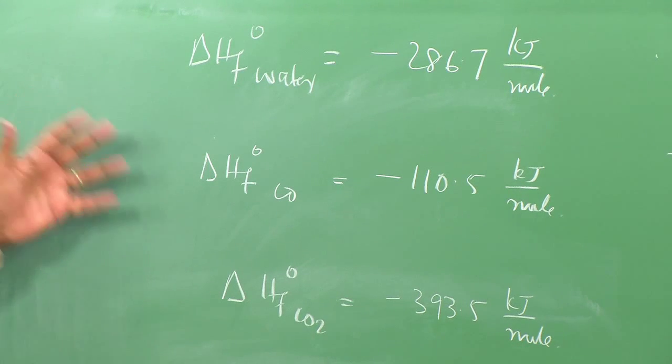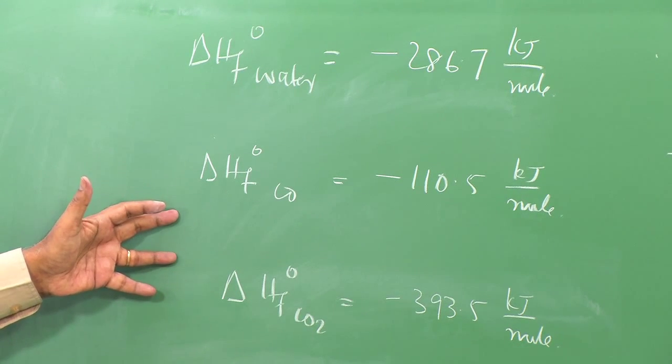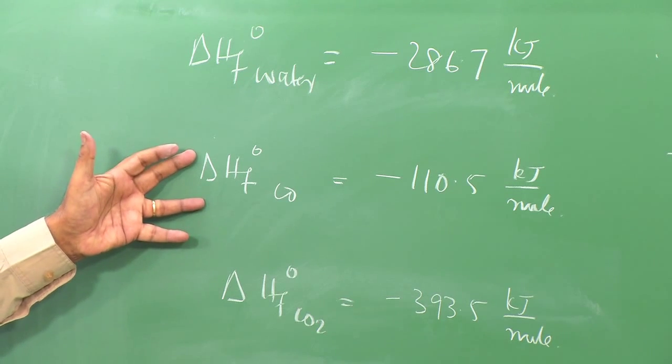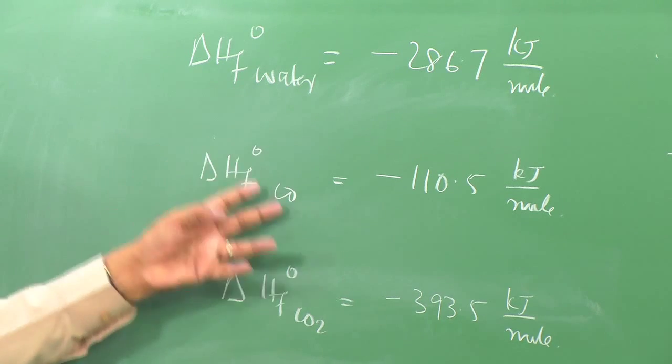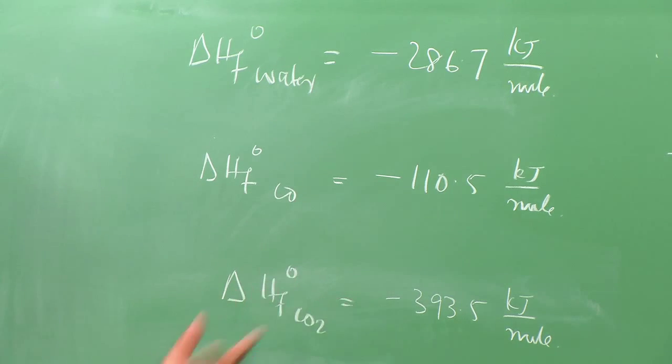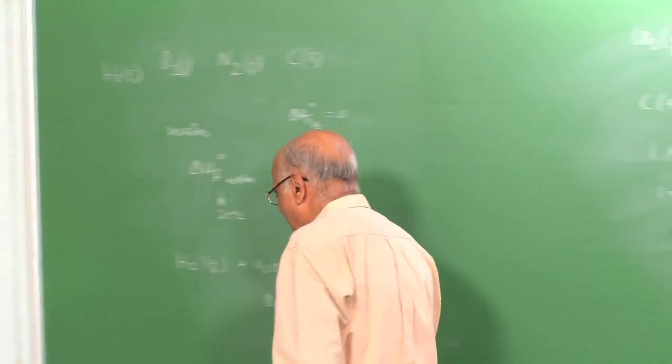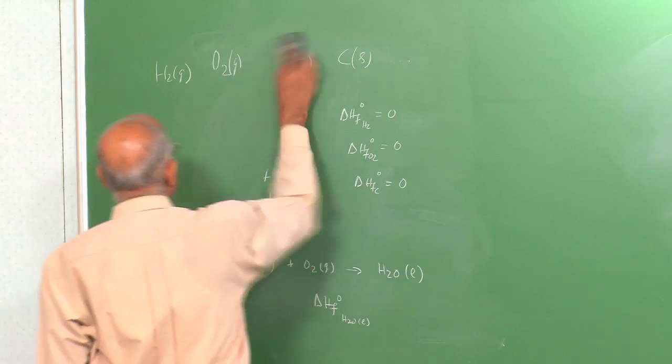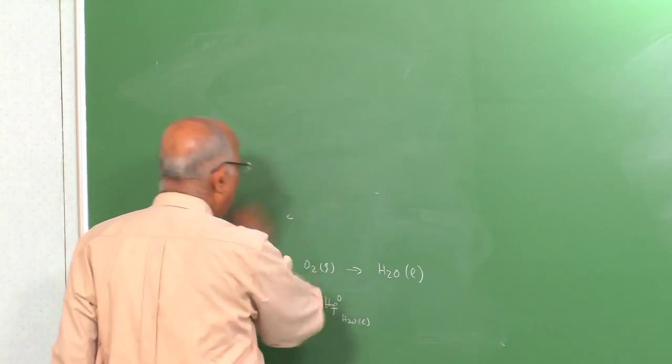Therefore, these are the things which are available in literature, and how do we do it? We do experiments in which we find whether heat is generated while forming these substances from the naturally occurring elements, and then we put these values down. But it is also possible to calculate these things, and why do we say that? When we talk of the internal chemical energy of a substance, what is it we mean?